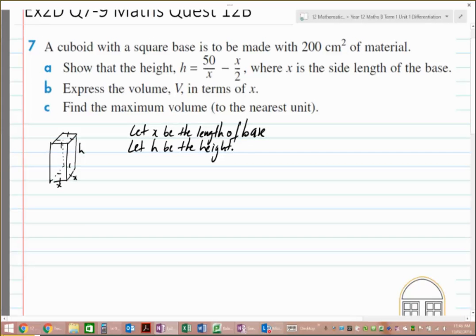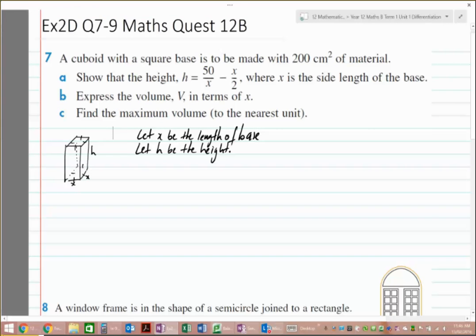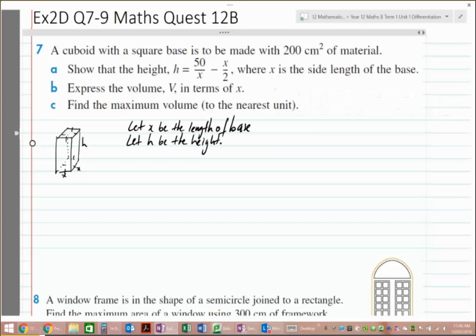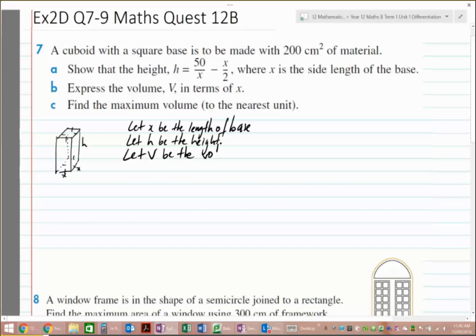Okay, I read this question. I'm trying to find the maximum volume. Again, I'm going to pretty much ignore the first two parts of the question, but I'll probably get there anyway, just as I solve the problem normally. Let V be the volume.